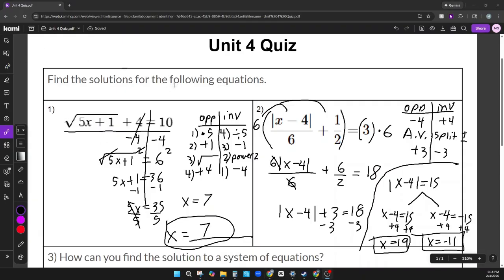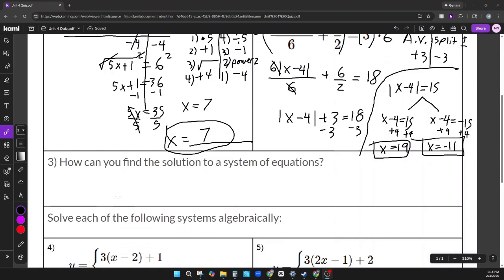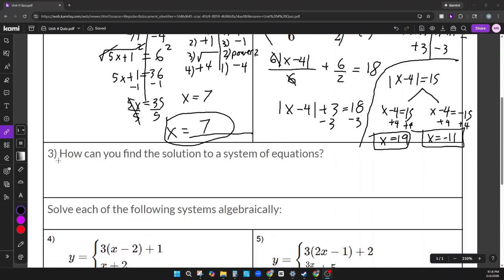Now moving on to number 3, this is our only definition or strategy problem. And the question's asking us, how can you find the solution to a system of equations? We've been saying it so much in class. I'm hoping this is not a surprise.